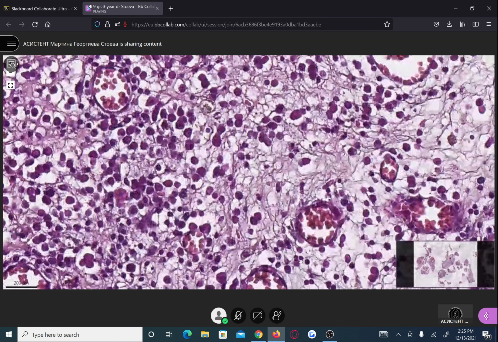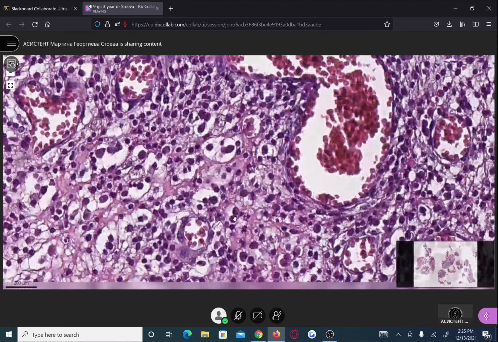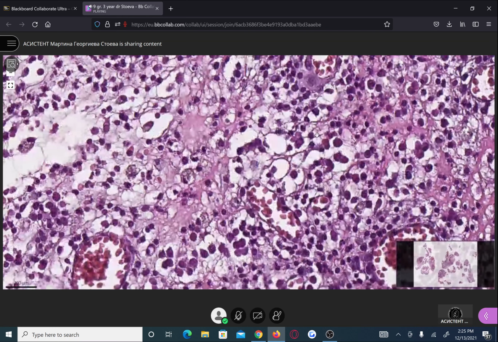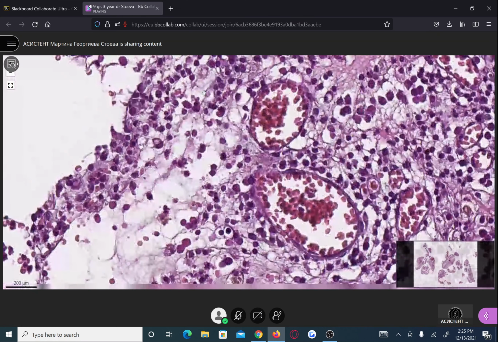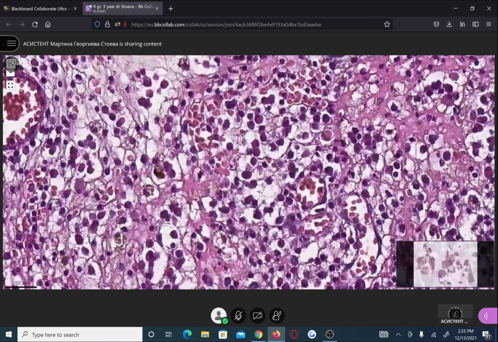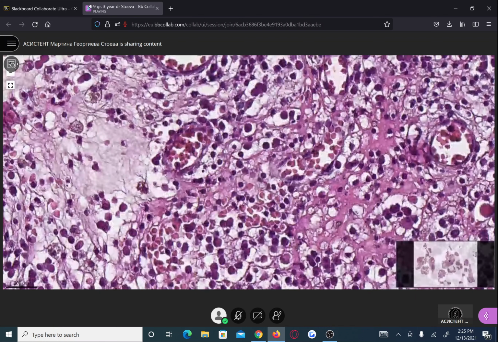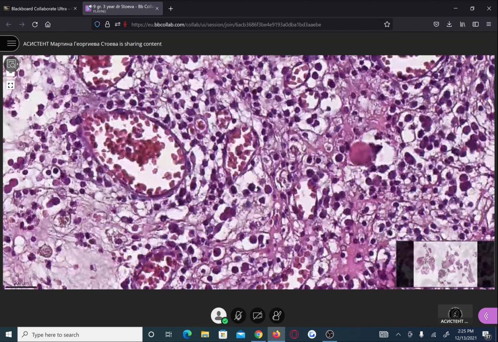For granulation tissue, as I mentioned several times, usually it's formed in the middle stage between acute and chronic inflammation, or in the healing stage of infections or healing stage of wounds.